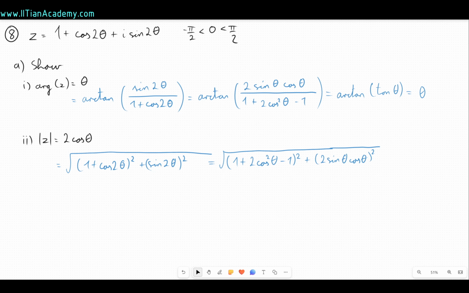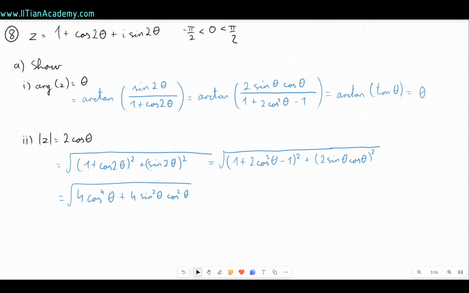Okay, and well, what we could do now is, well, the ones will just cancel out again. So that's nice. So we can rewrite the whole thing as just 4 cosine to the 4th theta, and then plus 4 sine squared theta cosine squared theta.